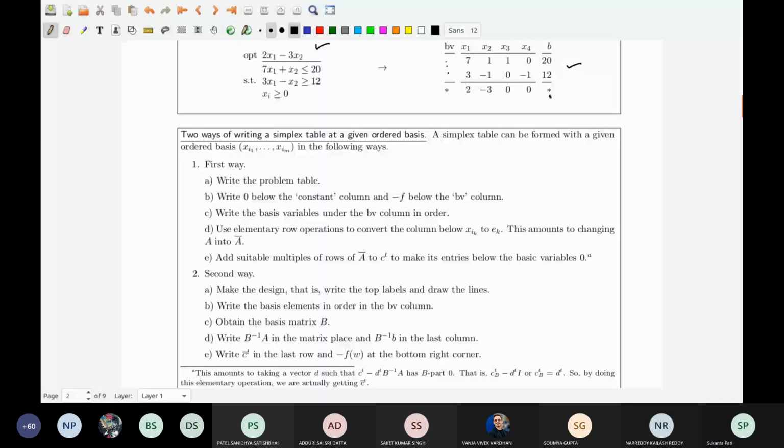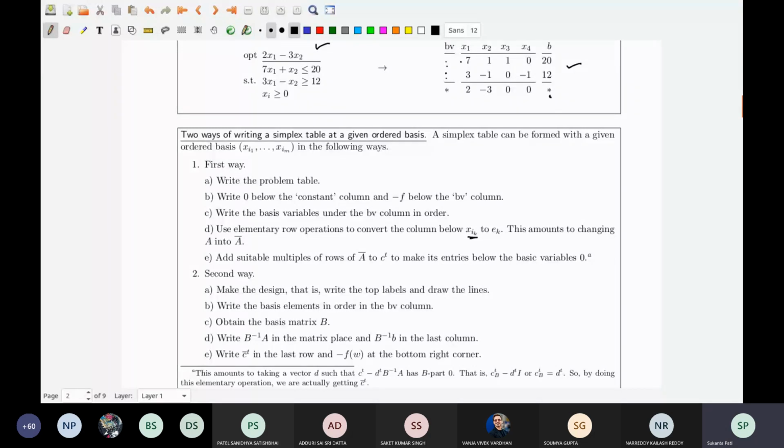And then use elementary row operations. This is important. Use elementary row operations to convert the column below xik, the kth basic variable. The first basic variable is xi1, so the column below xi1 should get converted to 1000, the way that you did on the top.